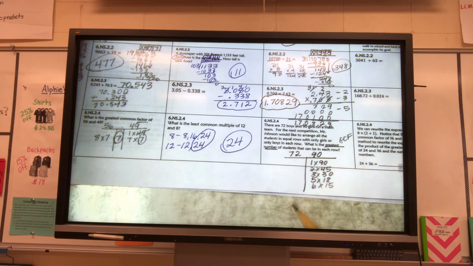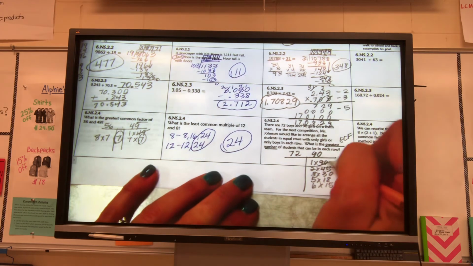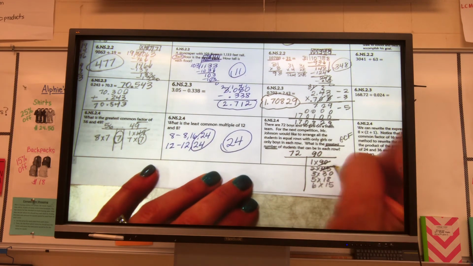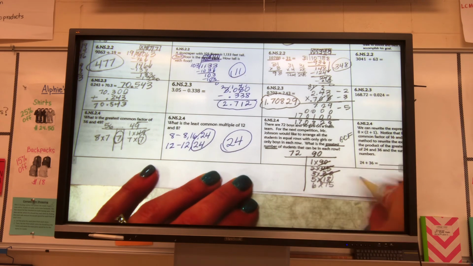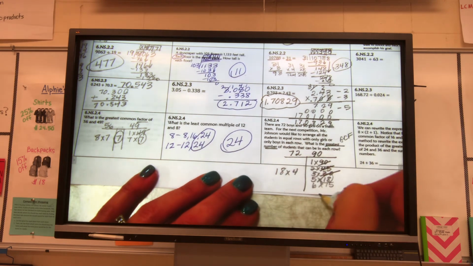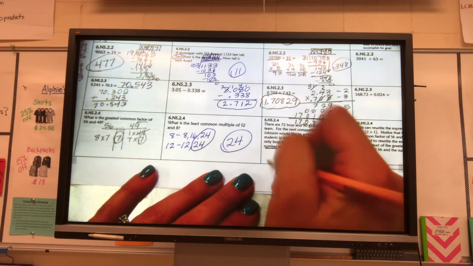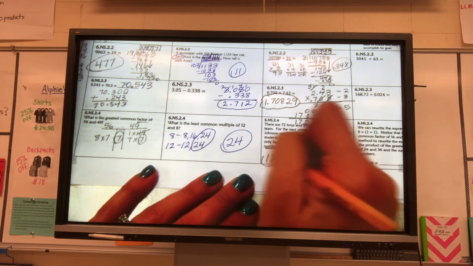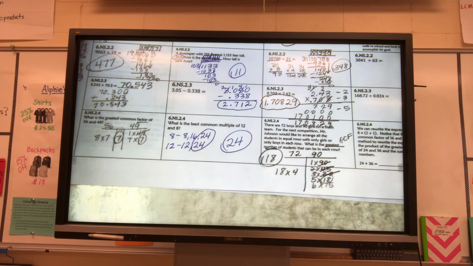Does 90 go into 72 evenly? No. Does 45? No. Does 30? No. Does 18? Yes. 18 times 4 is 72. So our greatest common factor here is 18. So the greatest number of students that can be in each row is 18.